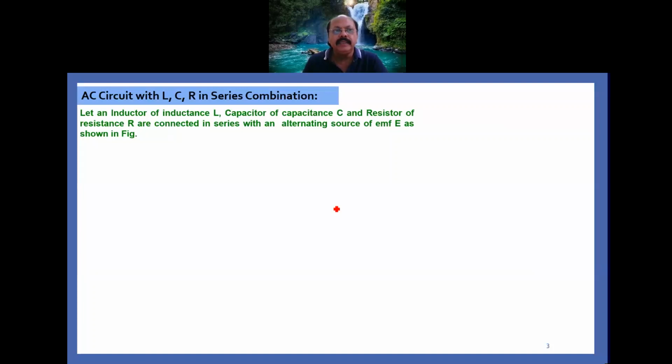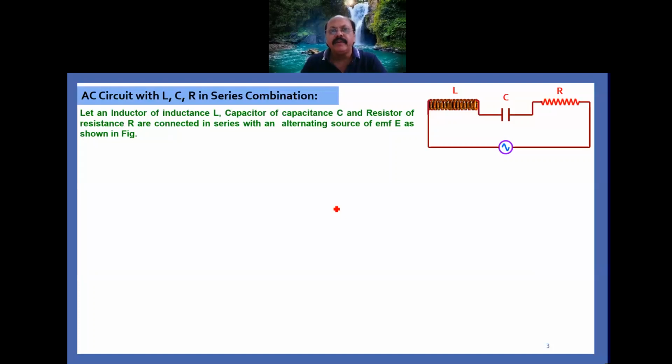For that purpose, we consider an inductor of inductance L, capacitor of capacitance C, and resistor of resistance R connected in series with an alternating source of EMF E. As you can see in the diagram, they are all connected in series with an alternating source of EMF E equal to E naught sine omega t.